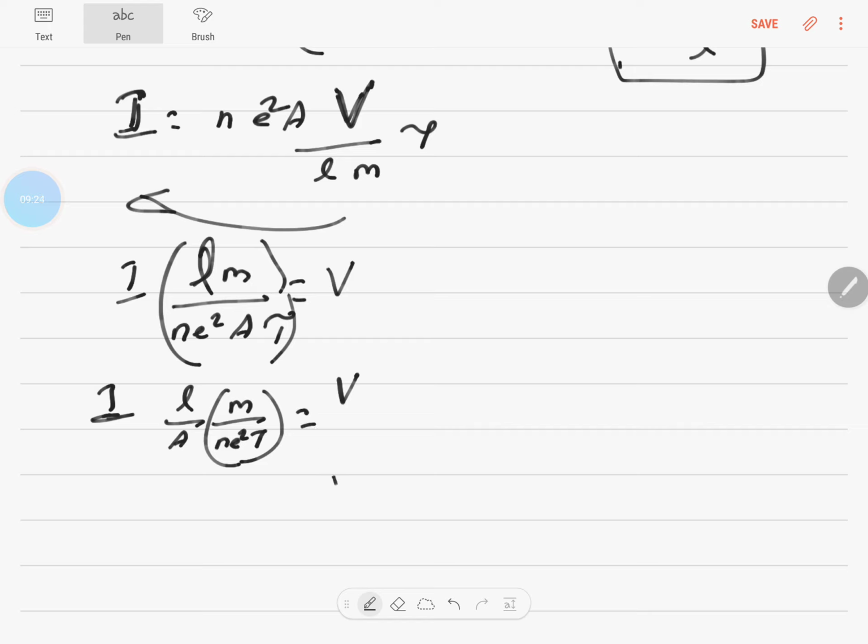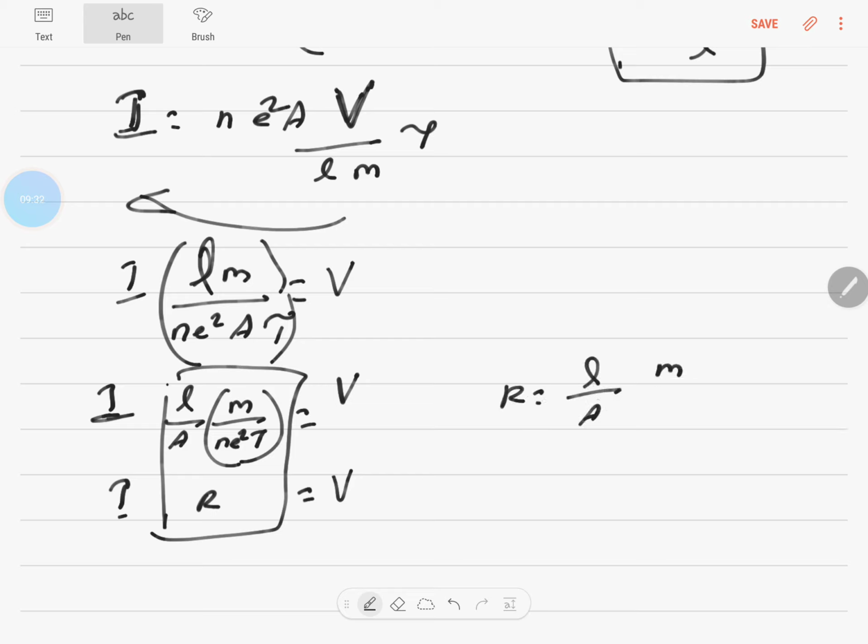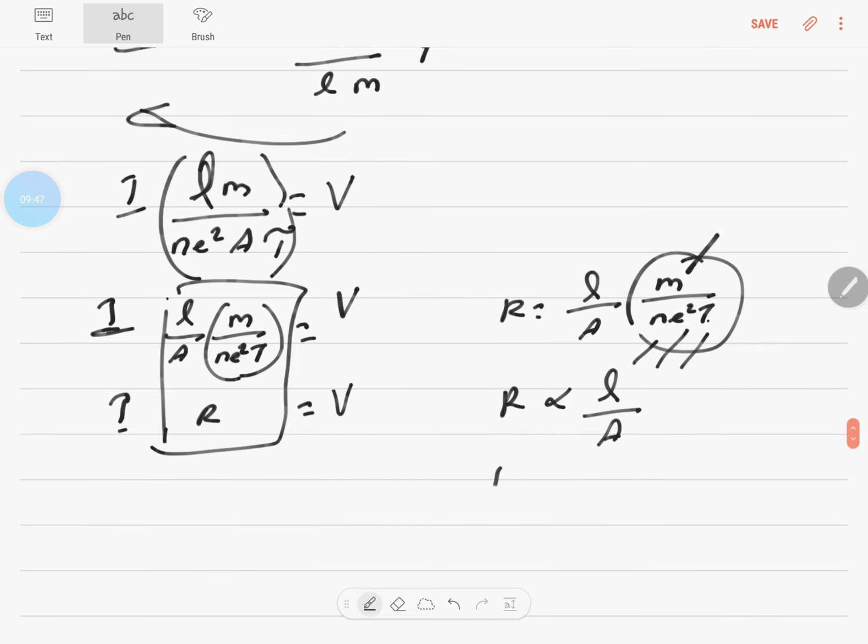Yeah, and this is of the form V is equal to IR. Thus you get an expression for resistance which is L by A into m by n e squared T. And therefore these are constants: the mass of the electron, charge of an electron, number of electrons, relaxation time. So therefore R is proportional to L by A. R is equal to rho into L by A, and this rho itself is this.